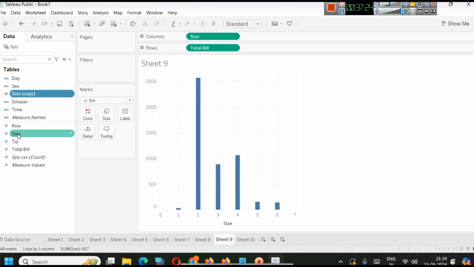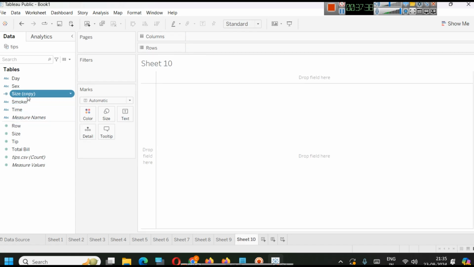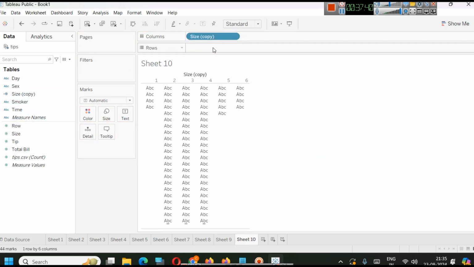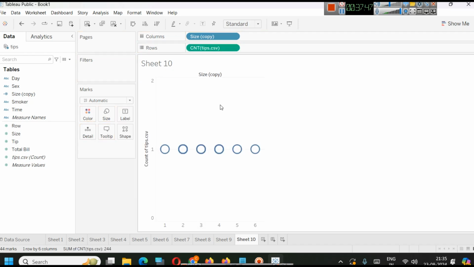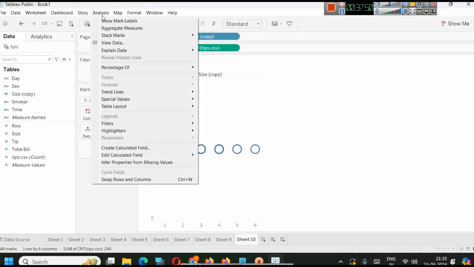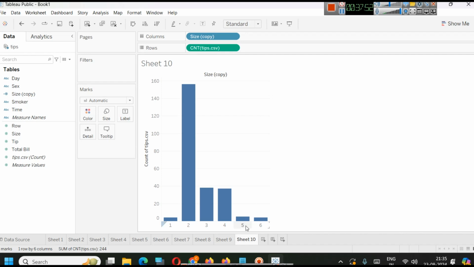We have kept the numerical size, but in a way this is also a label, right? We can call single, couple, triplet, quadlet, whatever we call it, right? So here what we'll do, we'll drag this dimension, whatever is showing us, and we will drag tip or some. Just give me a minute. Yeah, now I have to turn it on. So what it is showing us is size and count.